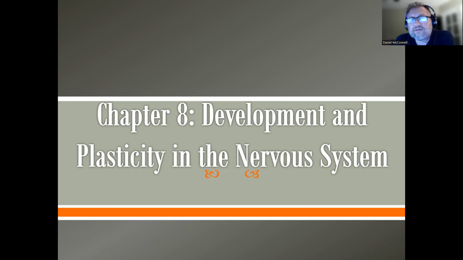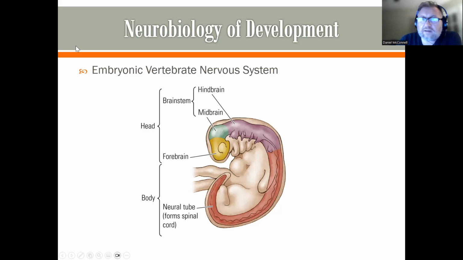Flexible, can be molded into different, not necessarily shapes in this case, but perhaps various functions. And we want to understand that first developmentally, which is what this chapter is really going to focus on. But once we have the understanding of that down, we might be able to understand some issues related to the adaptability of the brain in further chapters.